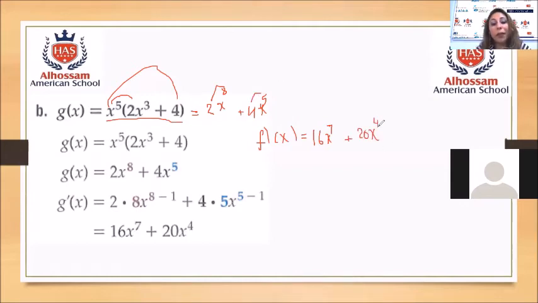And this will be the final answer. I think it's so easy, I'm just using the rule. What is the rule? The rule is multiplying the power times the scalar, even if the scalar is a number or 1. If I don't have a scalar, it's 1. And then I subtract 1 from the power, and it's always minus 1. Okay, there is our rule.